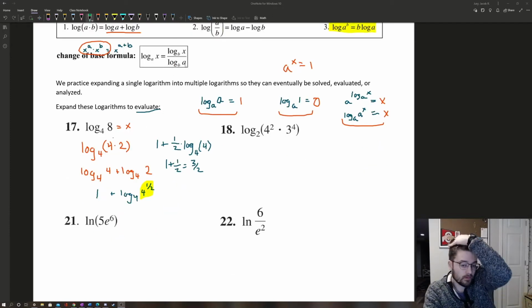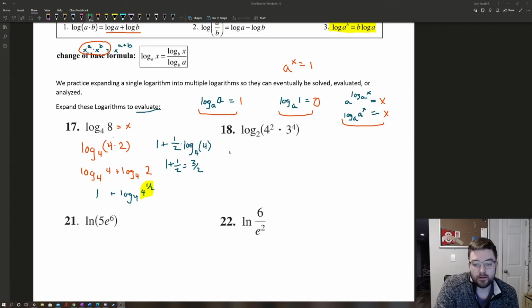All right, so here we're going to tackle 18, and at first, if we were going to multiply log base 2 of whatever 4 squared times 3 to the 4th is, so 16 times 81, we would have 1296. And we don't know what exponent gives us that argument.